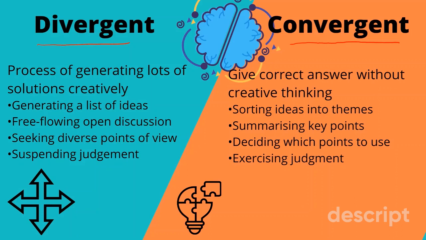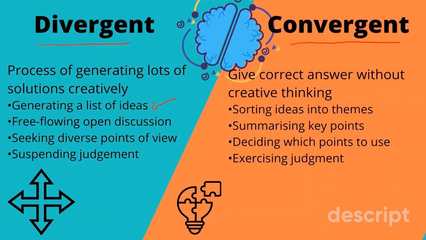Divergent is more creative in the sense that they will generate ideas endlessly, free flow, and also seek a diverse point of view and suspend judgment whether the idea will work or not.